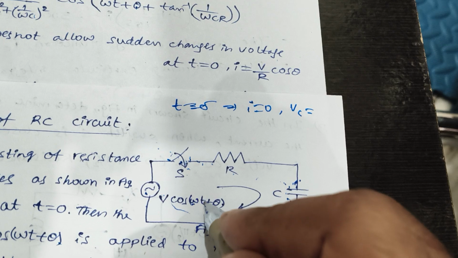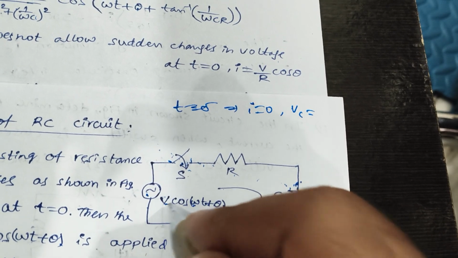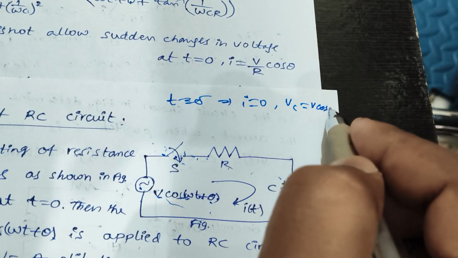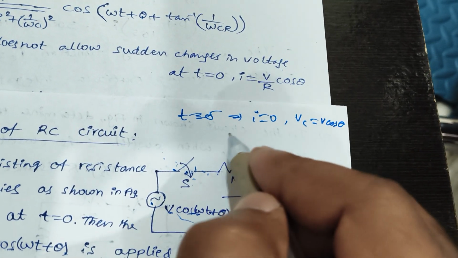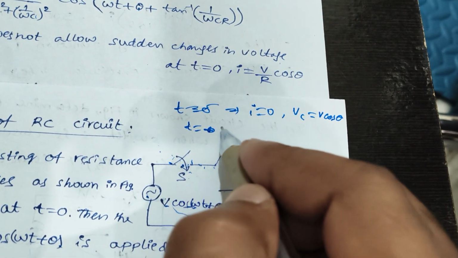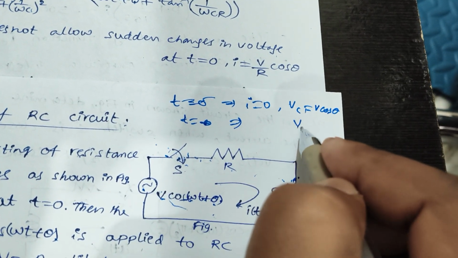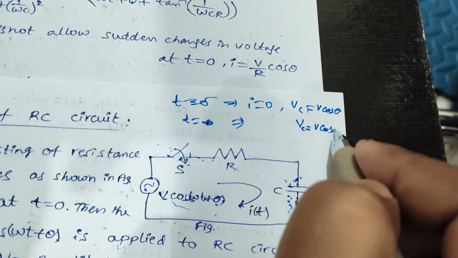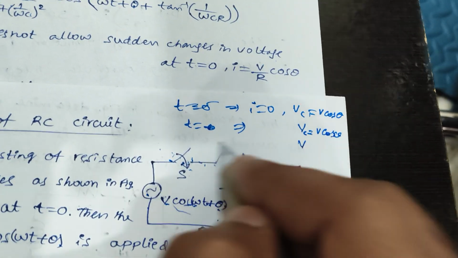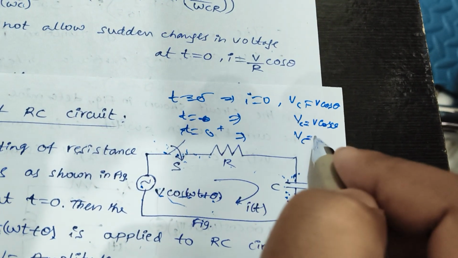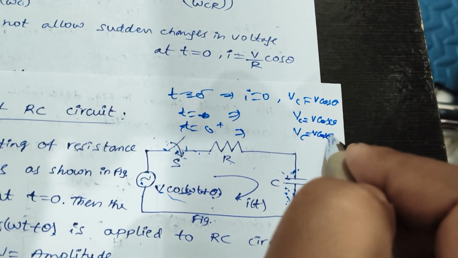At t is equal to 0 minus, that is V cos theta. At t is equal to 0 also, the capacitor does not allow the sudden change in voltage, so V cos theta. And at t is equal to 0 plus also, V_C is equal to V cos theta only.